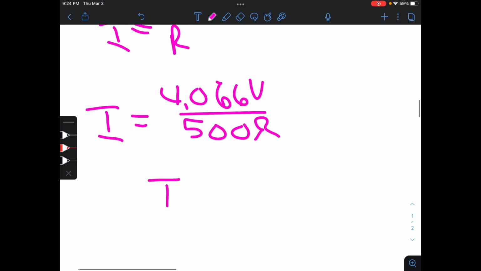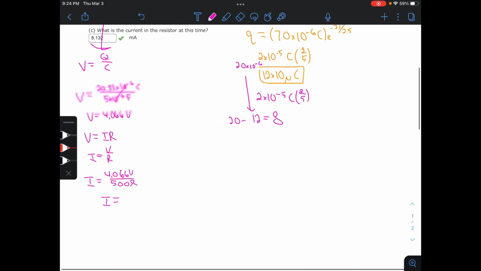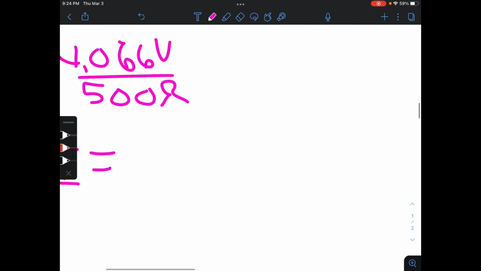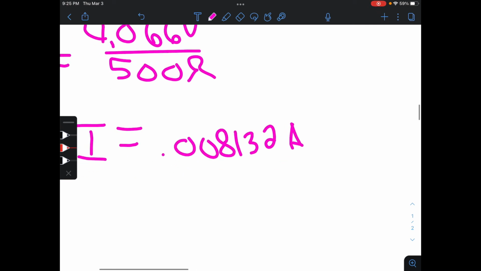So our current in this unit, it's milliamps, so the answer I actually would get was 0.008132 amps, I believe. And then milliamps would be multiplied by 1,000, which gives 8.132 milliamps, and that is again the answer I got up there.